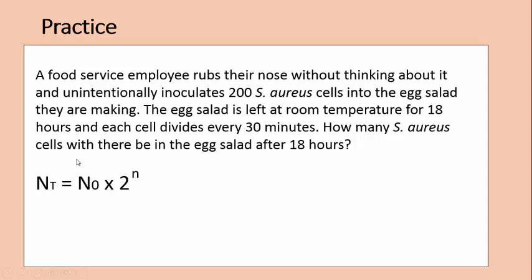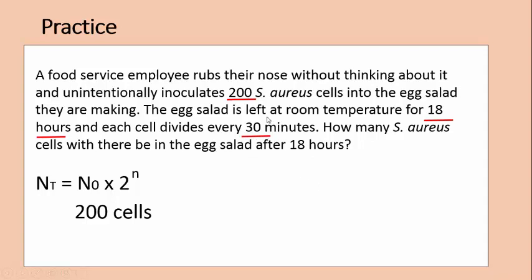So here's our handy dandy formula. First thing we're going to do is figure out N0, or the number of cells we have before we start incubating. So that would be 200. So let's go ahead and put that down here. Next, we need to find the number of generations. So we know that it was unintentionally incubated for 18 hours, and the cells are dividing every 30 minutes.